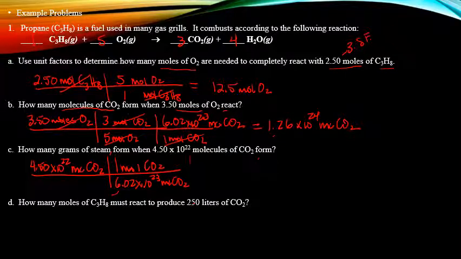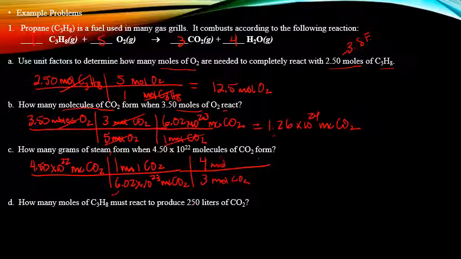So now I can go to my mole ratio. Again, pause the video and go back to the roadmap if you need to. So I have 3 moles of CO2 in the denominator, 4 moles of steam or water vapor in the numerator. And now I need to go to grams. So if you remember calculating the molar mass, if you look at your periodic table, hydrogen has a mass of 1 approximately.